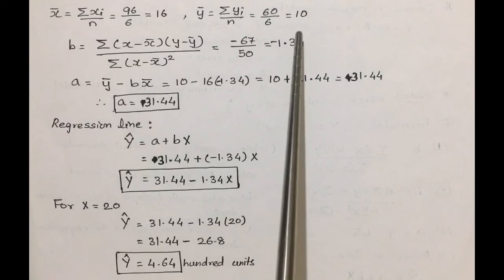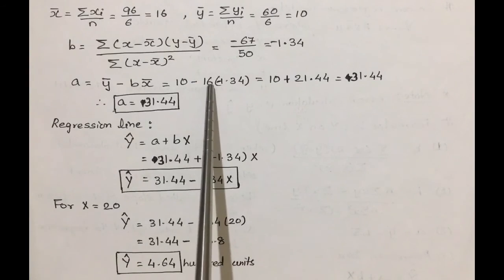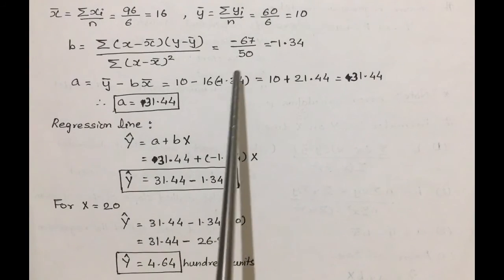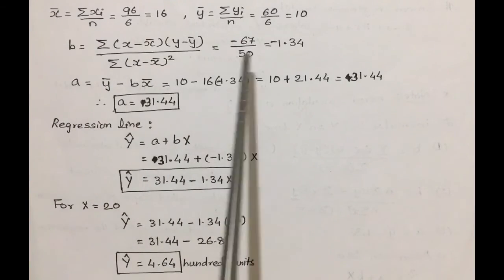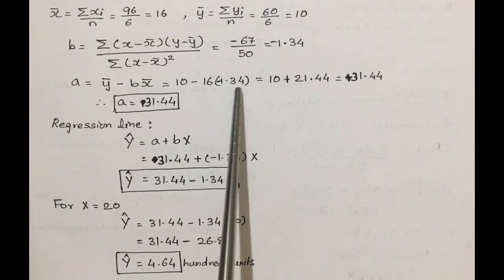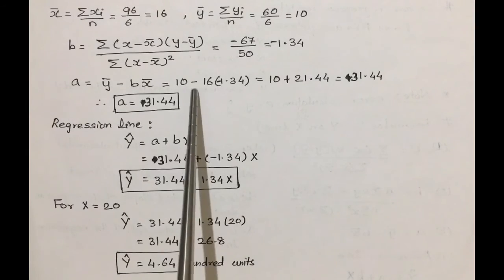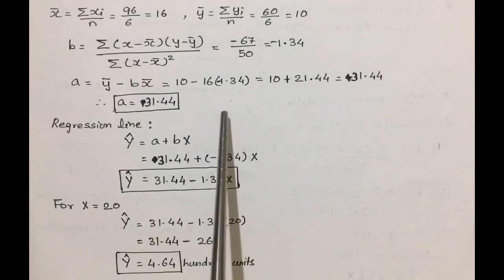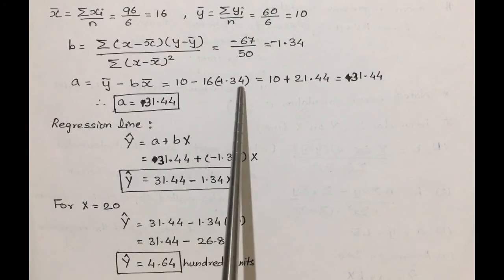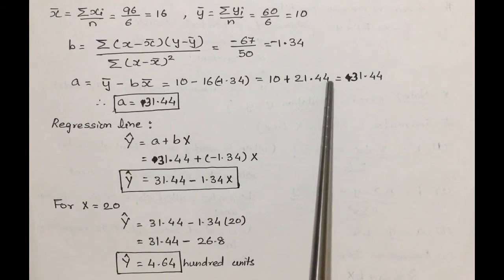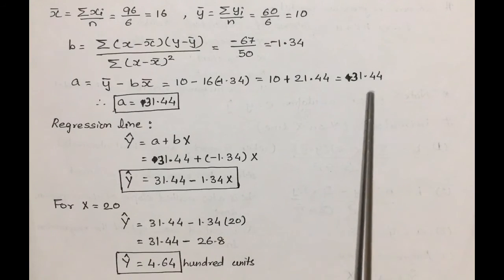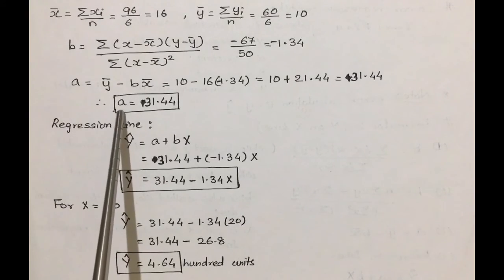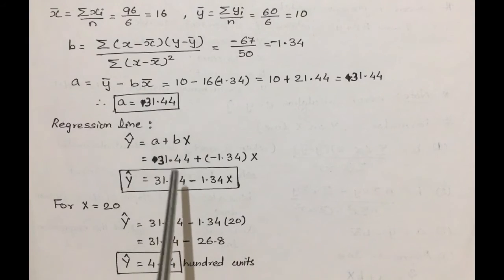The y bar value is 10 minus, x bar value is 16 into the value of b, which is minus 1.34. Minus minus will make it plus, and 16 into 1.34 will give 21.44. Added with 10 it becomes 31.44. So the value of a is 31.44.